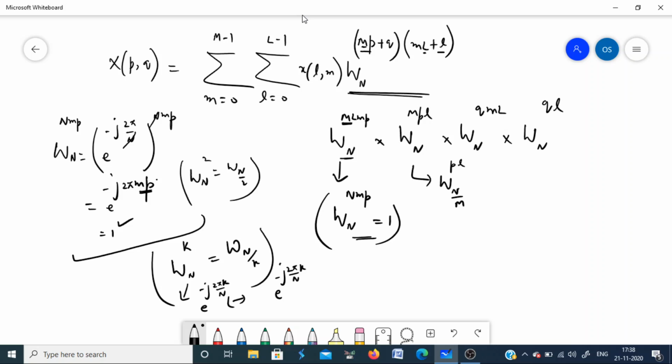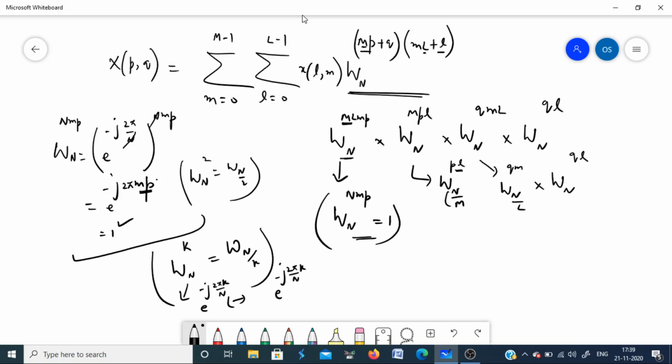Okay, so this m I can bring here, n by m, and pl will remain here. Similarly, this factor will become wn by capital L. You will get qm here into wn to the power ql.